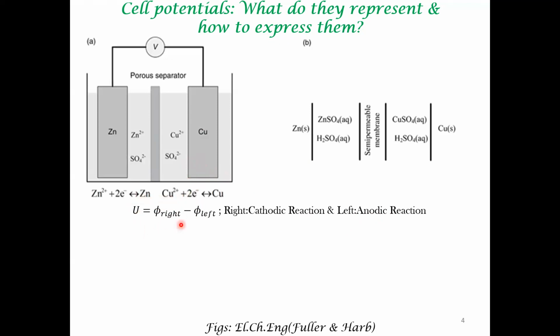Overall, the cell potential will be a positive quantity. We'll look at the electrochemical tables in the next few slides. This convention, you might have also heard in your high school. It might have been mentioned that the cell potential is represented as E_C minus E_A, E cathode minus E anode, right? So we'll always get a positive number in that case also.